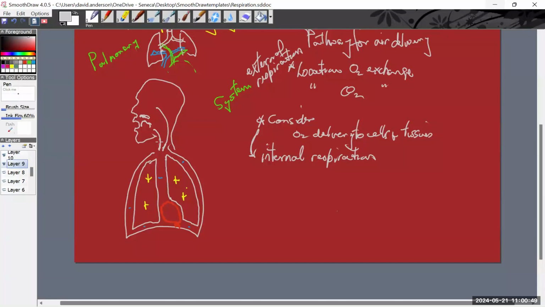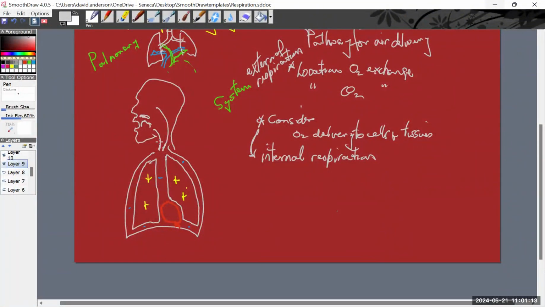And that can be a problem when we ingest food through this same pathway, because the esophagus and the trachea share the same space above the pharynx. And so that means air can pass into the esophagus, but the esophagus's primary role is to introduce food to the stomach.